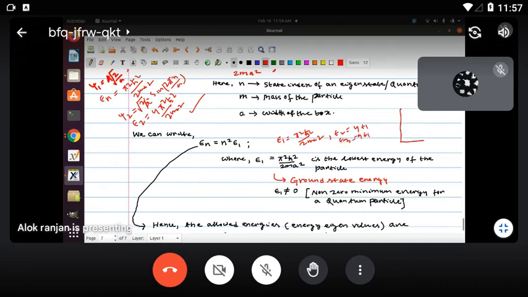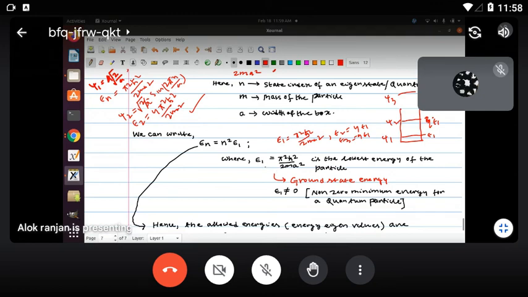That means if you draw the energies, this is E1, this is 4E1, and then of course this will be 9E1 and so on. And the corresponding eigenstates will be psi 1, psi 2, psi 3 and so on.